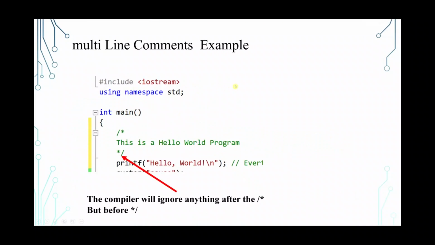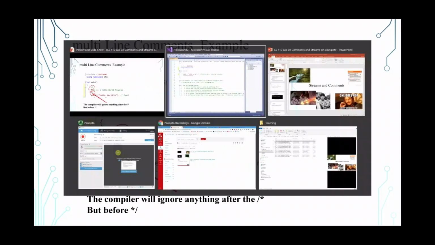Okay, so a multi-line comment is a comment that is surrounded by forward slash asterisk and ends with asterisk forward slash. Anything in between those two is going to be ignored.